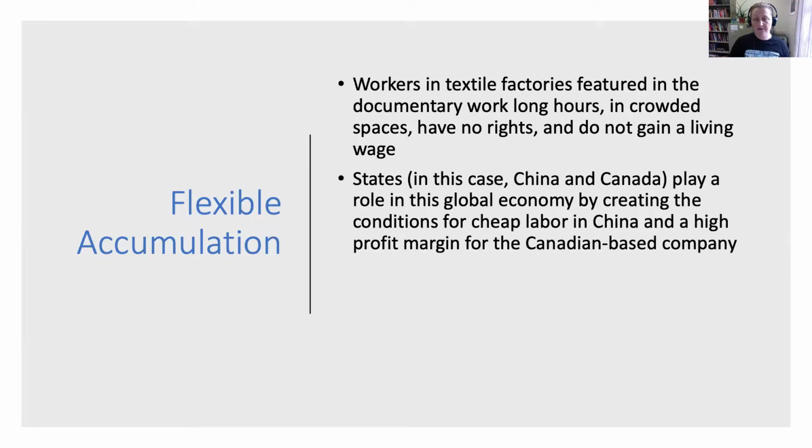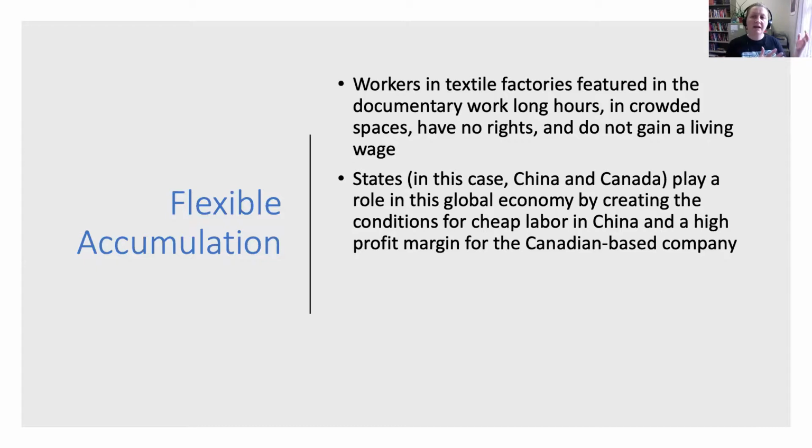And then the second aspect relates more to the role that states play in enabling flexible accumulation. So in this case, you have states like China and Canada, because the corporation we're looking at is a Canadian one. These two states play a role in this global economy by creating the conditions for outsourcing, for flexible accumulation.